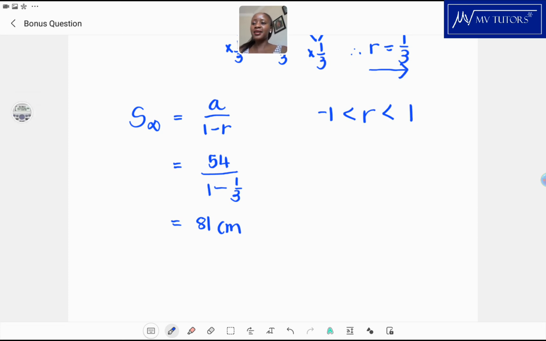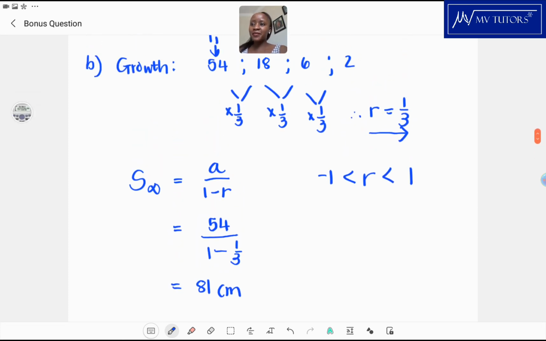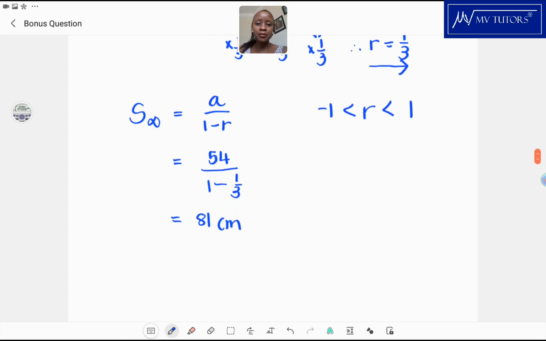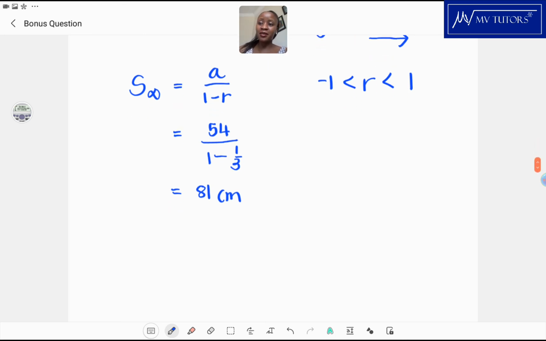But remember, we're looking at the growth. So 81 centimeters is the maximum growth. This tree can only grow 81 centimeters, so that is the maximum growth or increase.